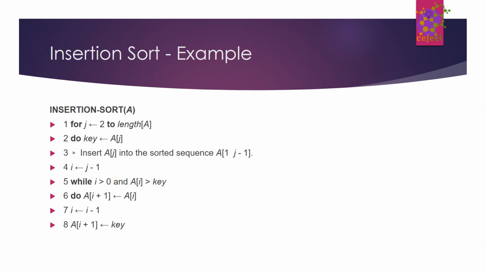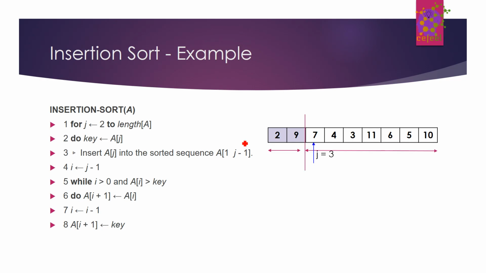The next item, so we start with the same array. j now points to 3. Now we go to step 2, which means we assign key to A[j], so key now becomes 7, and then we go to step 4. i now becomes j minus 1, which is 3 minus 1, 2.